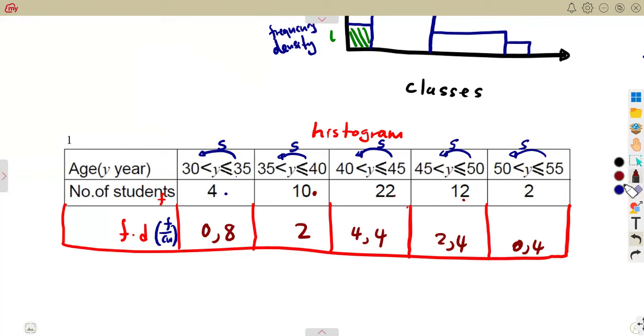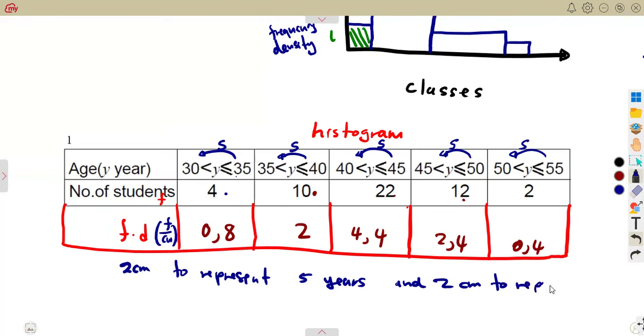And you will be given a scale to use. You'll be given a scale to use for the age, which is the classes. Let's say we are given 2 centimeters to represent 5 years, which is for the age in years, and 2 centimeters to represent 1 unit on the frequency density axis.